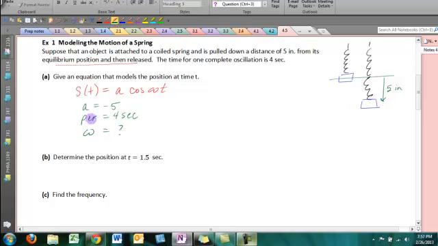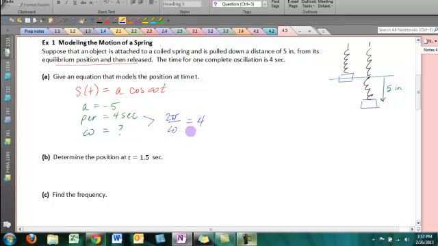So we're going to use what we know about the period in order to calculate W. We know that 2 pi over W is the period. We also know that the period is 4 seconds.